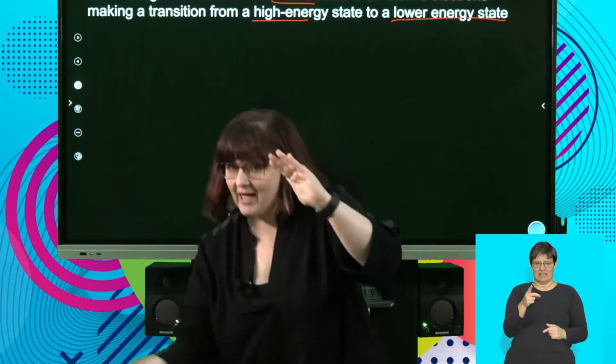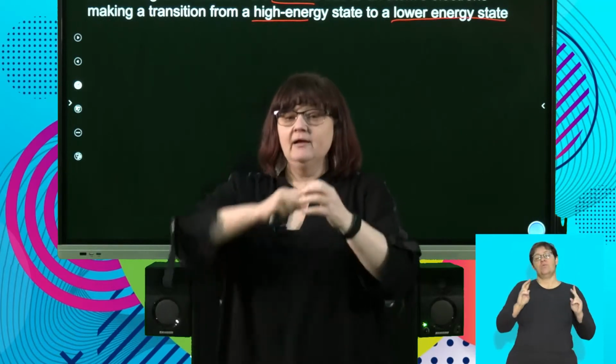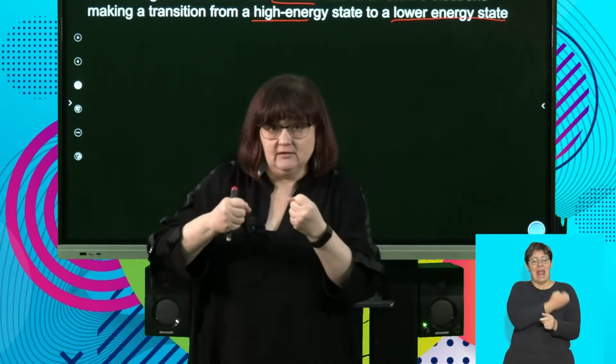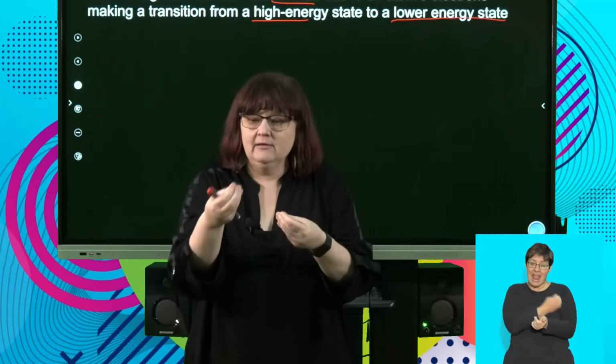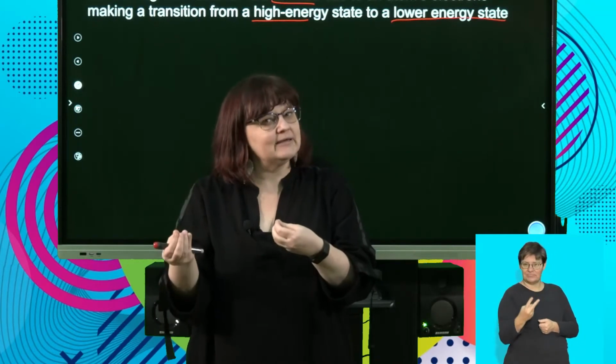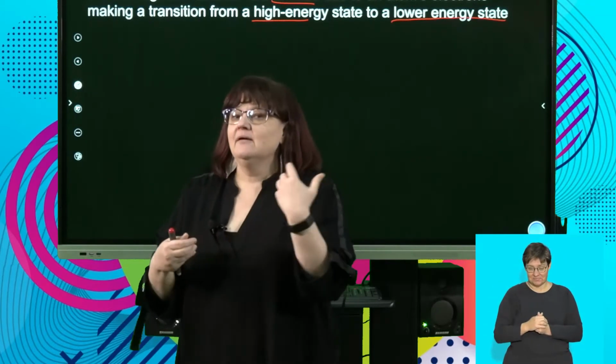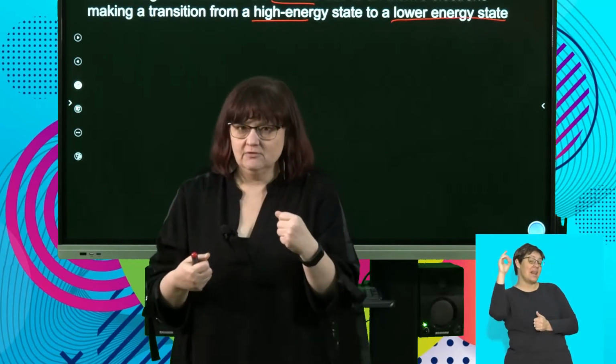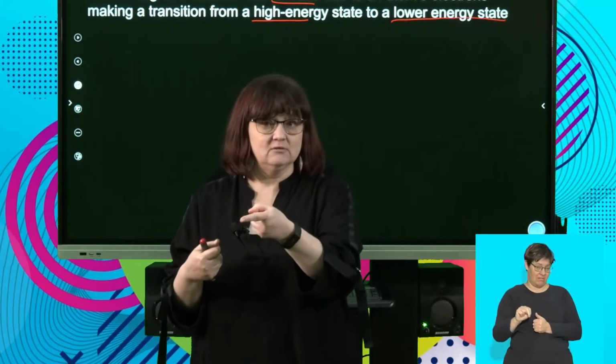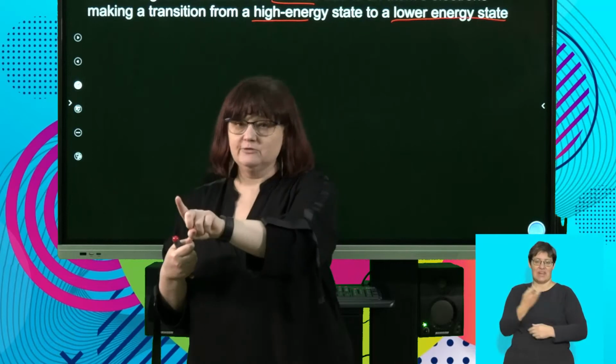When they go back to where they should be, they give off the energy they took in, and that energy becomes light. Remember, light is a photon. Photons have energy. That can become frequency.